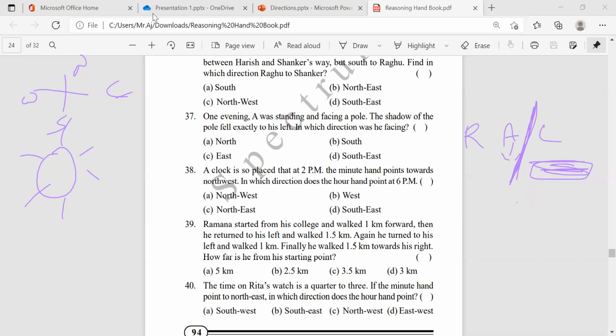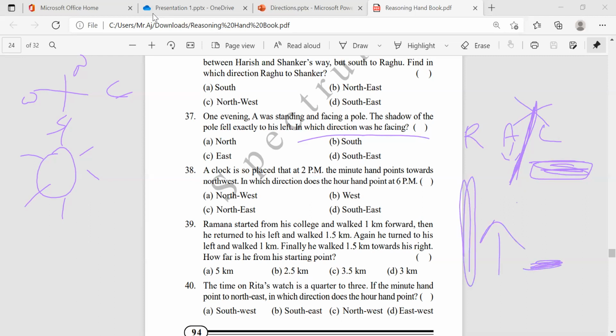So what are they asking? In which direction was he facing? South. So whatever the pole or the person, if the shadow is on the left side in the afternoon, he's facing south. If he's facing north, this is right, so the shadow will be like this.